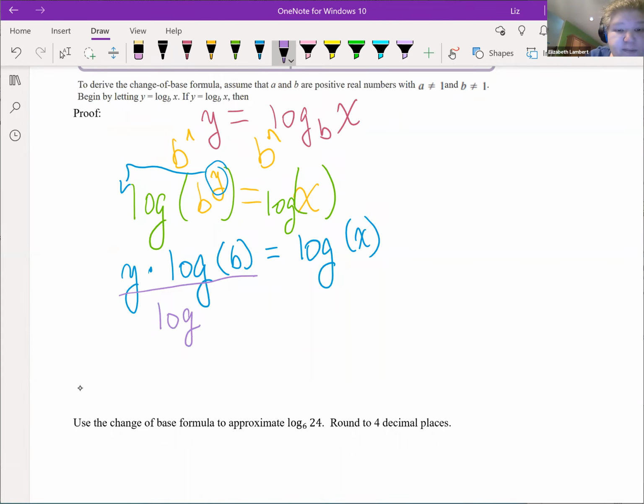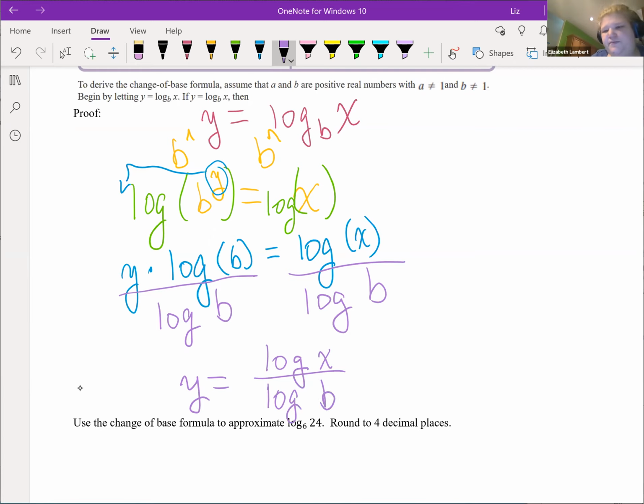So this is permissible to divide by on both sides because it will never be 0. And now my exponent that I had before, my y, which is really log base b of x, is equivalent to, or computationally the same as, log base 10 of x over log base 10 of b.